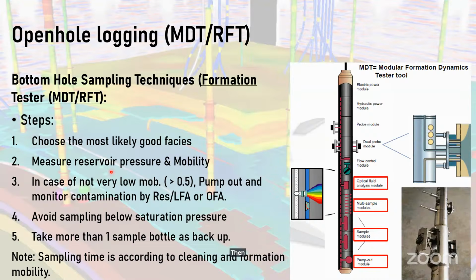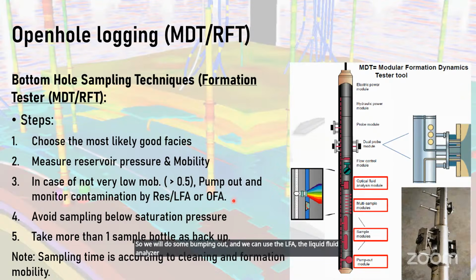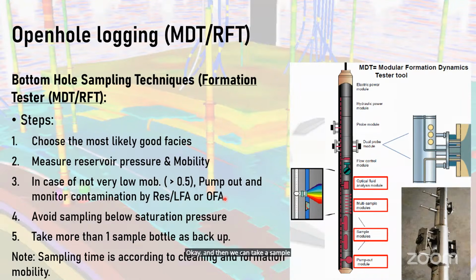Then we will measure the reservoir pressure and the mobility. In case the mobility is good, okay, more than 0.5, then we can analyze to see what reservoir fluid exists at this depth. So we will do some pumping out and we can use the LFA, the live fluid analyzer, or the optical fluid analyzer, okay, and then we can take a sample. Okay, this is the workflow for the MDT.